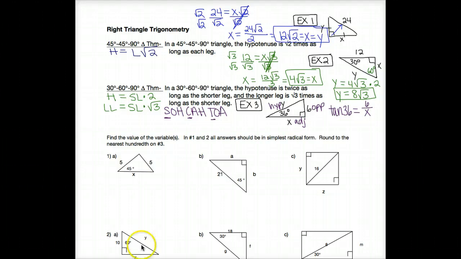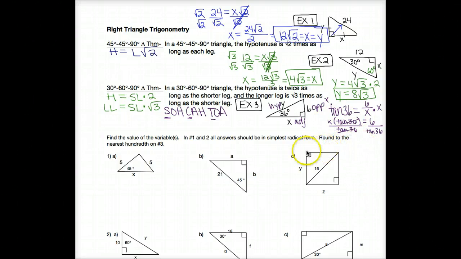In order to solve for x, the first thing I need to do is get that x off of the bottom. So I'm going to multiply both sides by x. So you have x times the tangent of 36 is equal to 6. And again, my objective is to get x alone. So the next thing I would do then is to divide by the tangent of 36. So these are going to cancel, and that will get x alone.